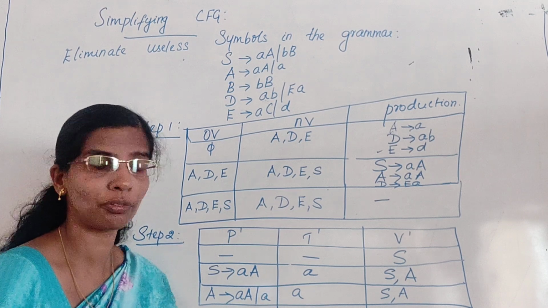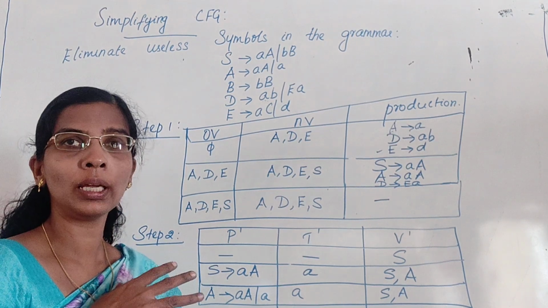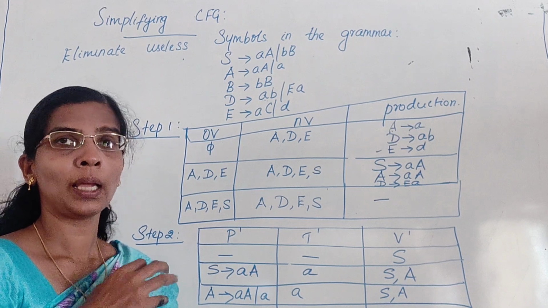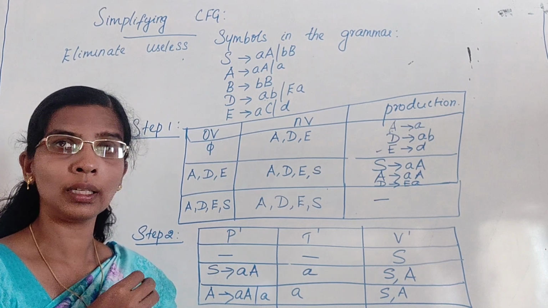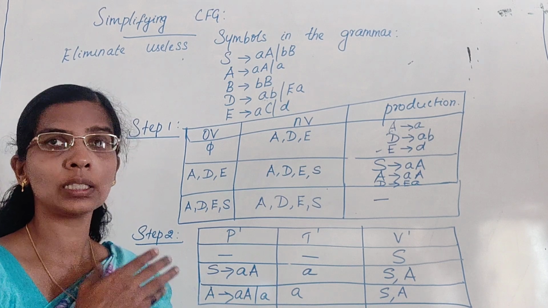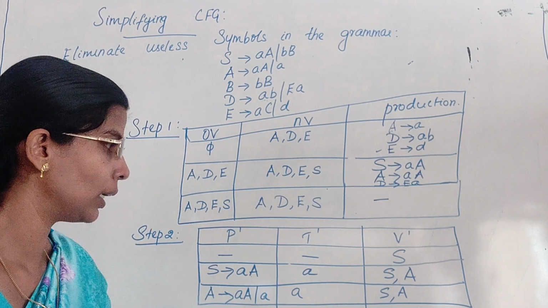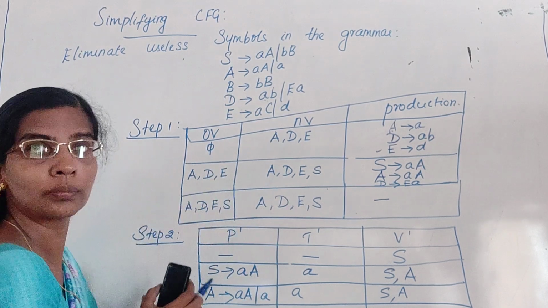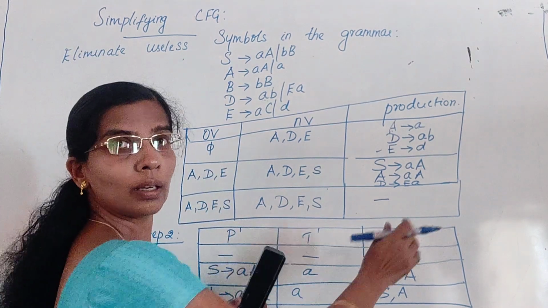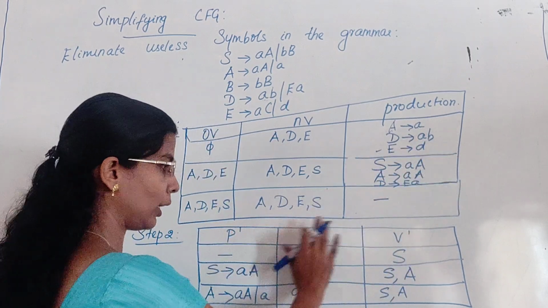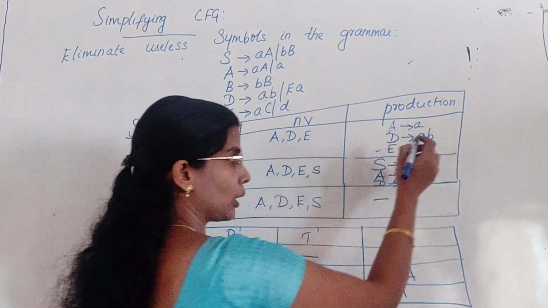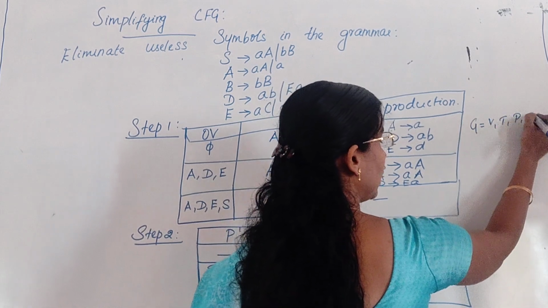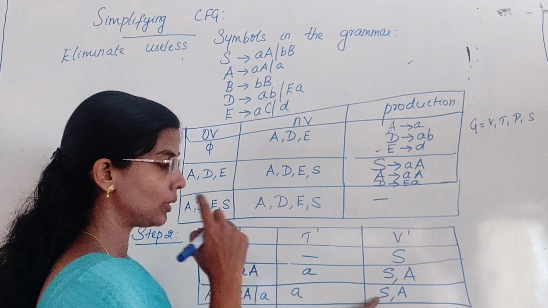How will you conclude the final answer? What am I doing? I am simplifying the given context-free grammar, that is, eliminating the useless symbols and productions from it. I have to conclude with my grammar, G equal to V, T, P, S. What are the variables?